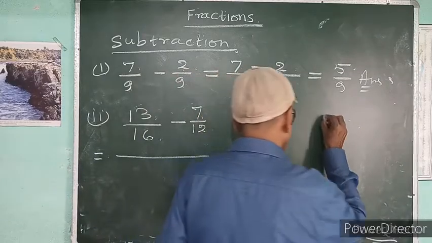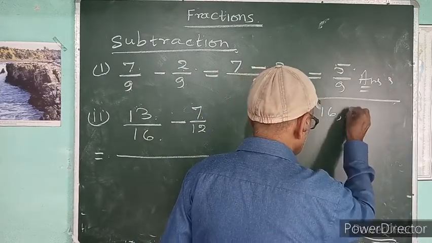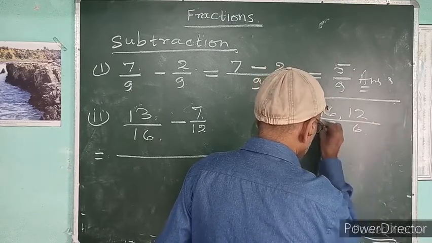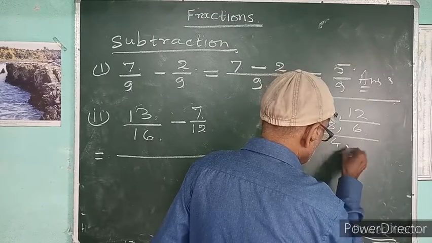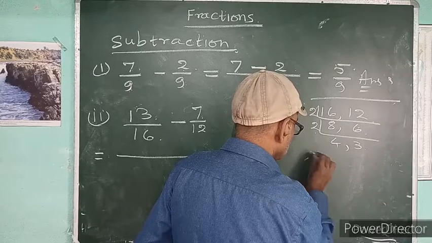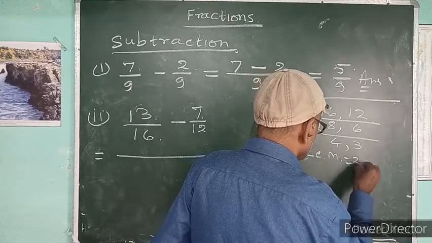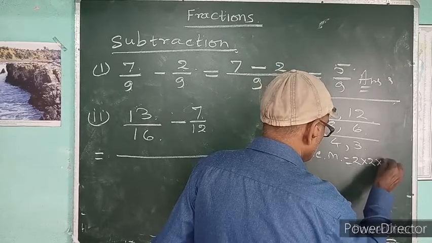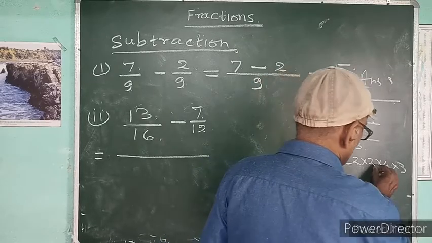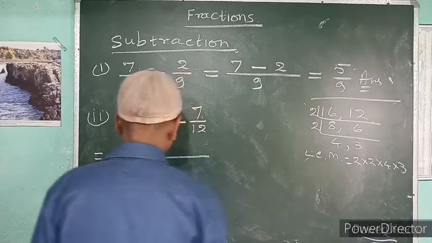So we will carry out the process. 16 and 12. 2 8s are 16, 2 6s are 12, 2 4s are 8, 2 3s are 6. Now no more. So the LCM is equal to 2 into 2 into 4 into 3. 2 2s are 4, 4 4s are 16, 16 3s are 48.